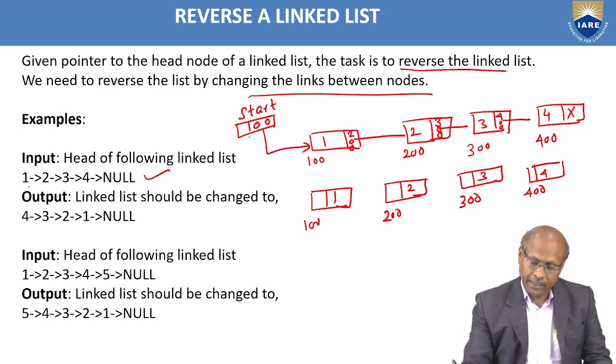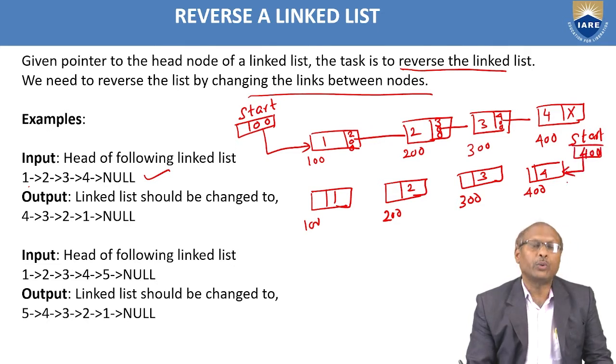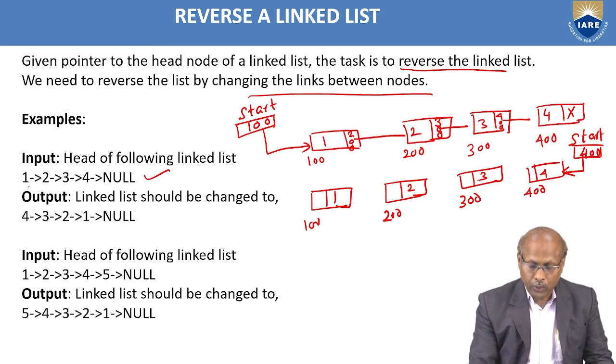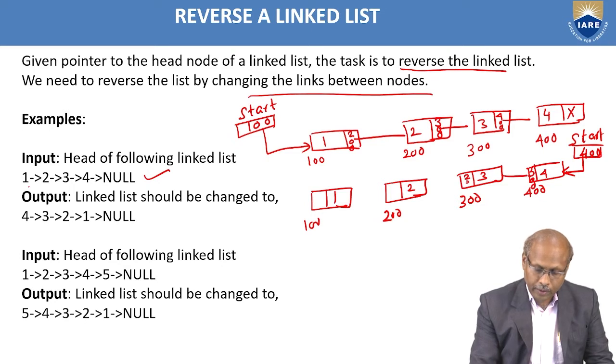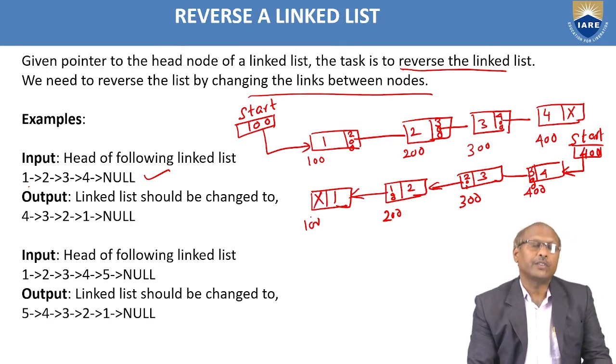But after reversing, my start should point to 400. That means it should point to this node. And this should point to 300, this should point to 200, and this should point to 100. Now this node will be the first node, and this will be the ending node, so it is pointing to null. This way you have to do.